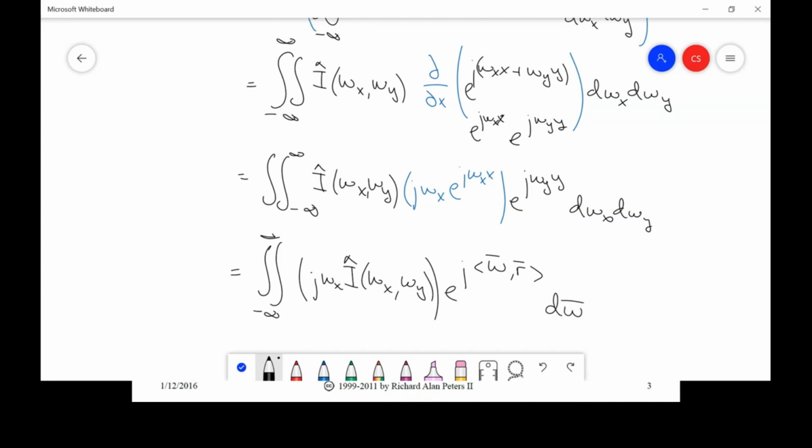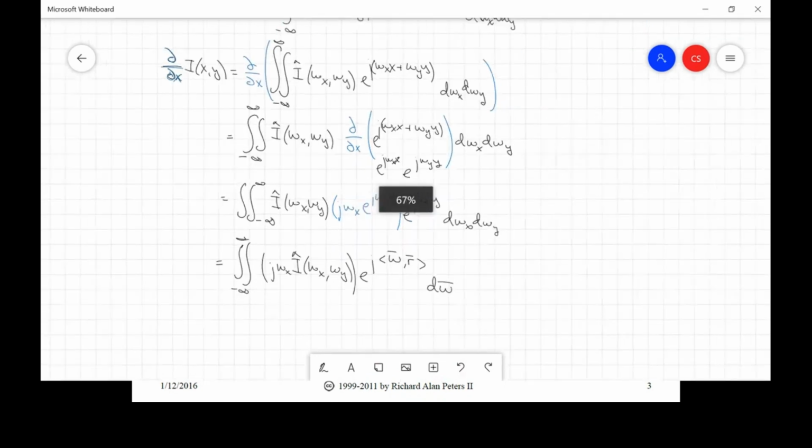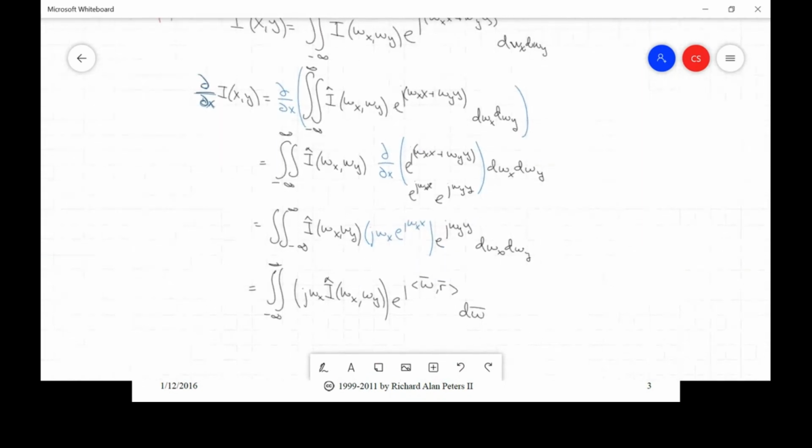So I have recovered again the vector notation because now it is more convenient. Okay, so now let us look at the two results. So the derivative of I with respect to x is an image.